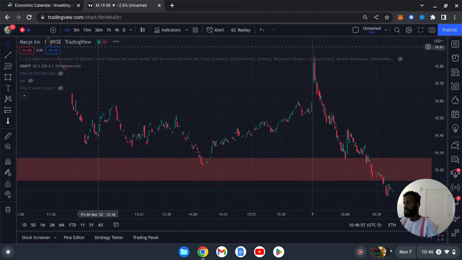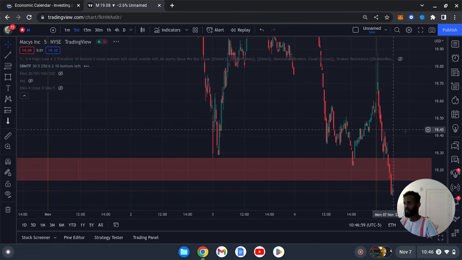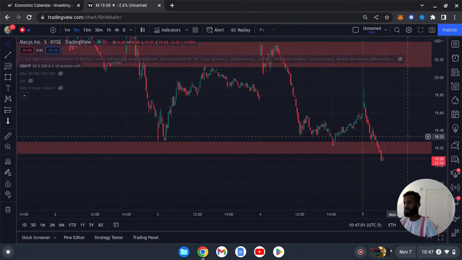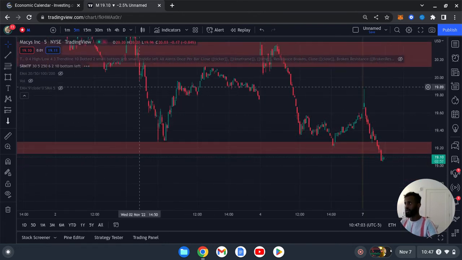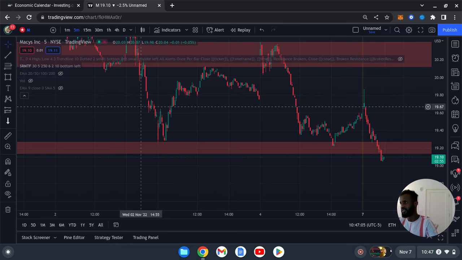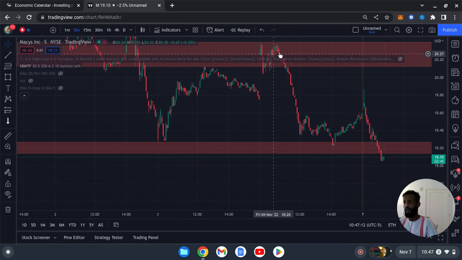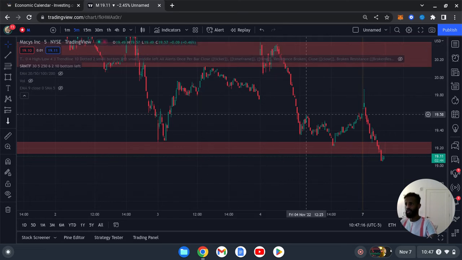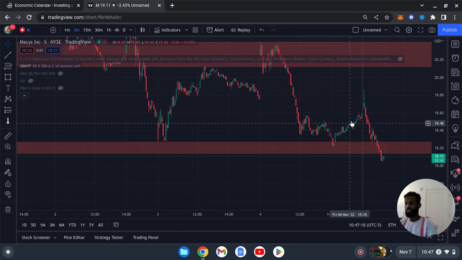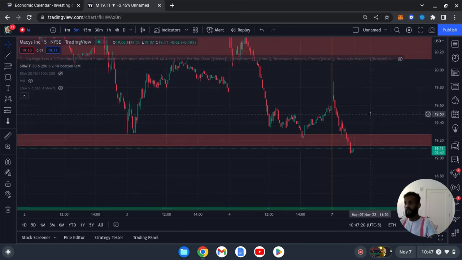we can see, let's jump to maybe our 5 minute. We can see, this is on Macy's. This is what I was looking for, but we can see coming into this demand zone what happens, and what happens when we come into the supply zone. Same thing right here, and then we come to the demand zone, it becomes a bounce for us.